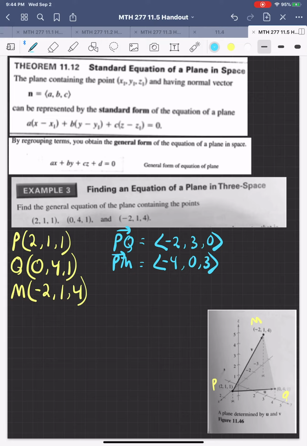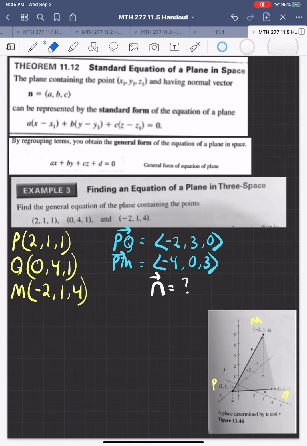What we're missing is that normal vector. I can get a vector that's normal to P to Q and P to M if I just use the cross product.